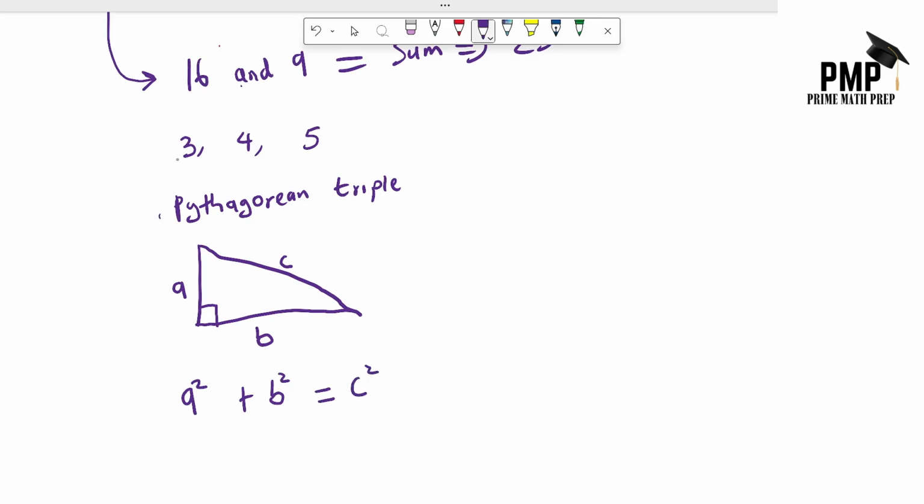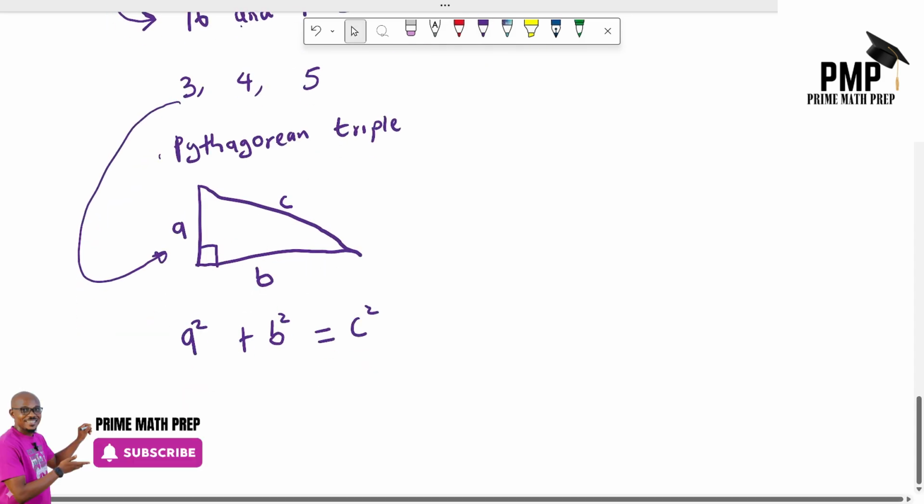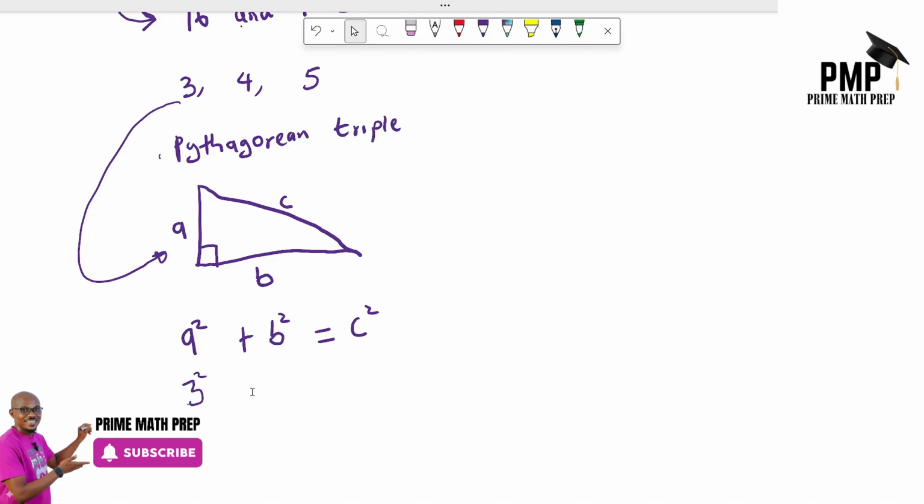If we plug in, our A will be 3 squared, our B will be 4 squared, our C will be 5 squared.